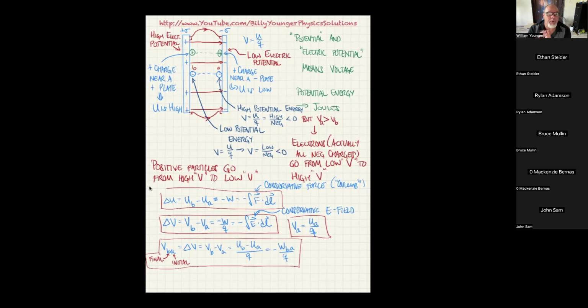So the question is, suppose a negative charge, such as an electron, is placed near the negative plate in figure 23.1. So in this figure at the top of the page here, that's essentially the same figure. Imagine that a negative charge like an electron is placed near the negative plate, at point A in this diagram.